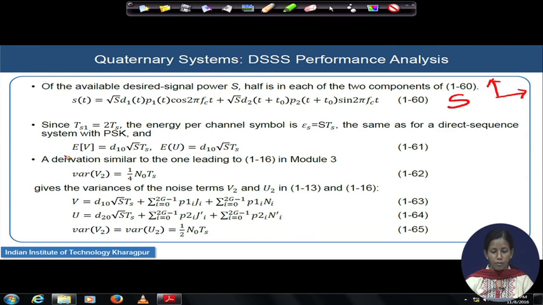And hence for the direct sequence system with the PSK, the mean value of this V will be coming with d10 square root of S into Ts and the mean value of the other part. So, the mean value of V is considered here.